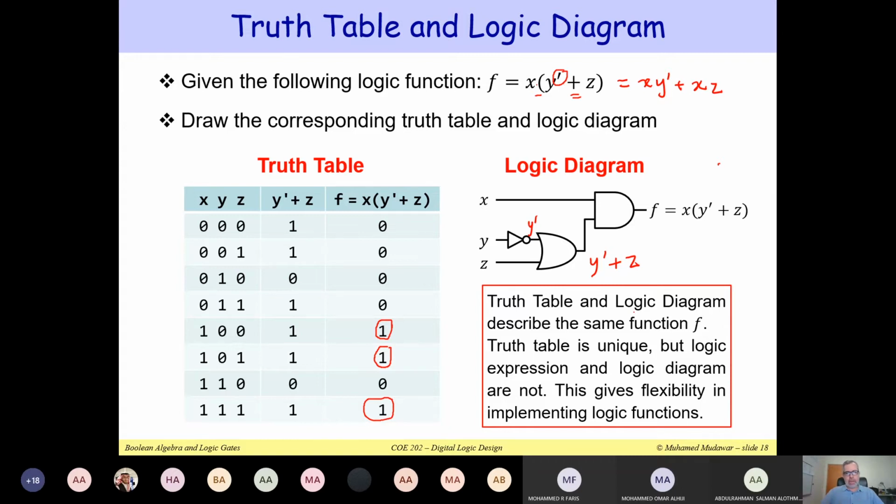Therefore it would require 2 AND gates, not just 1 AND gate. Is this clear? There can be different implementations for the same function, the same truth table. You can have different expressions, and different logic diagrams for the same function.